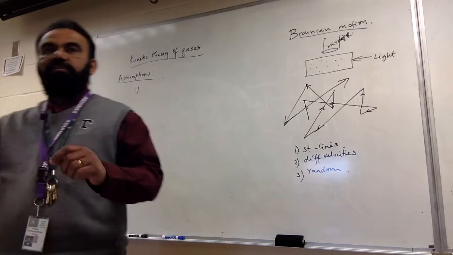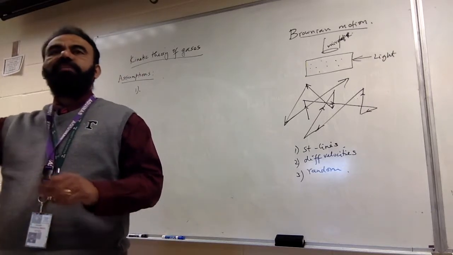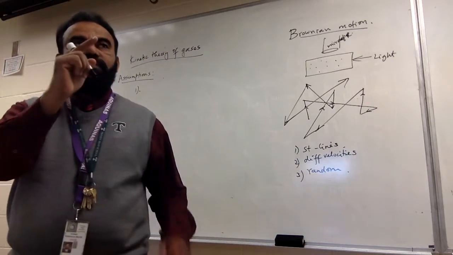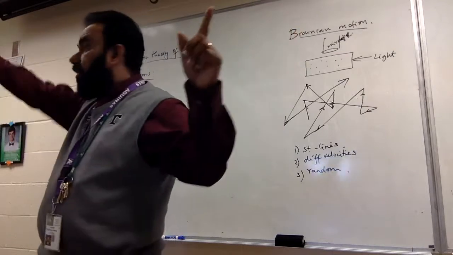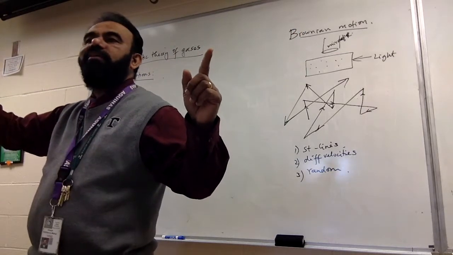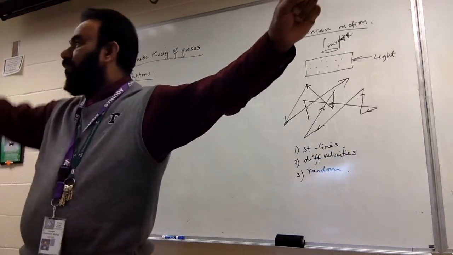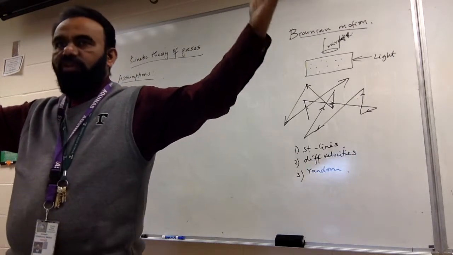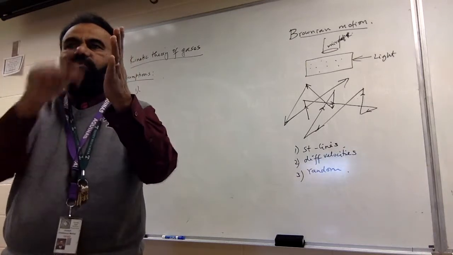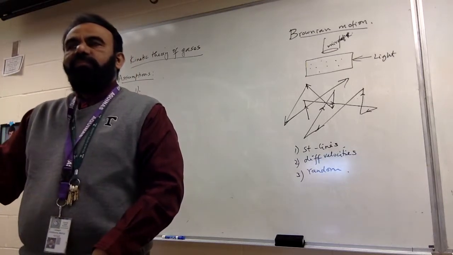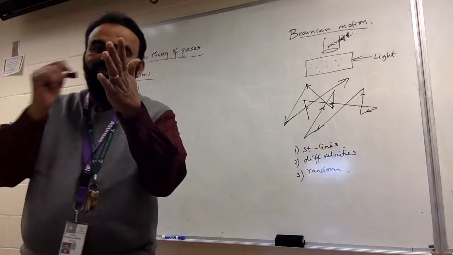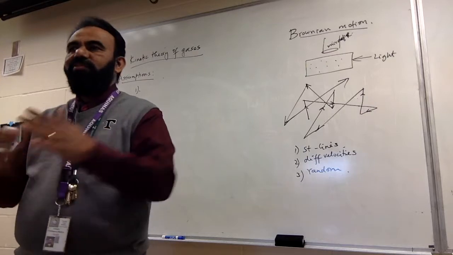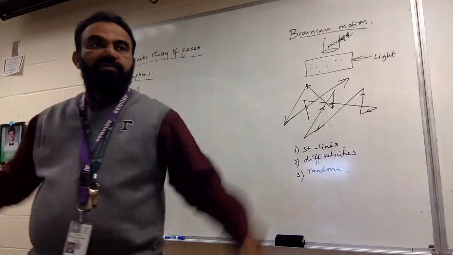Look at just one atom. The atom is going and bumping into that wall, and then bouncing from there. After bouncing, it goes all the way to the other wall and bounces from there. So between two bounces, the time taken is much larger than the time of that collision. So we're just ignoring the time the atom is making contact with the wall, because the other time is much bigger.